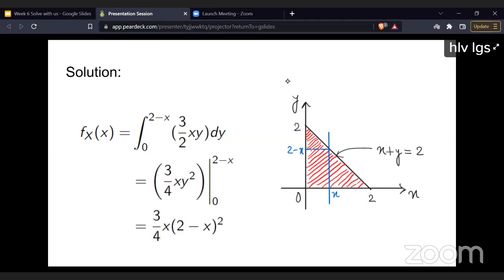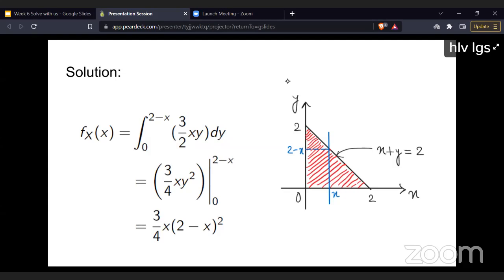Can you further explain it? I didn't understand. For example, here it is 3 by 4 x into 2 minus x, the whole square. Yes, X is varying between 0 to 2, so for every X between 0 to 2, this is the function.